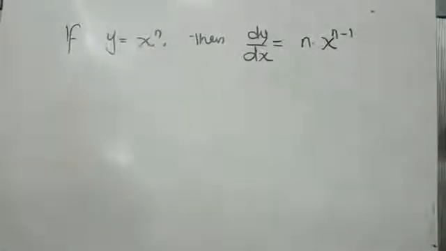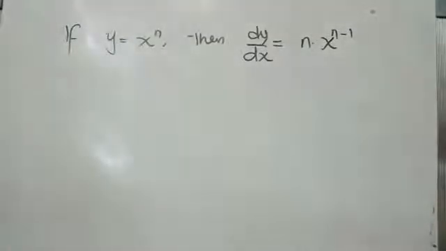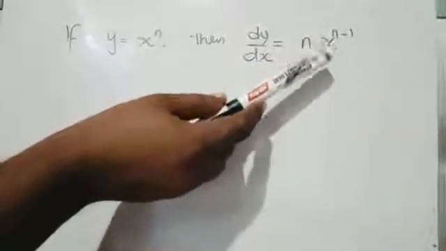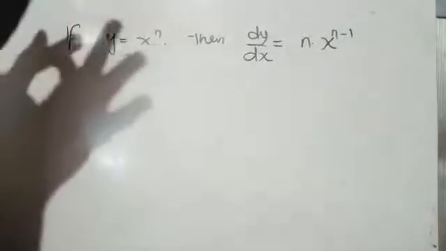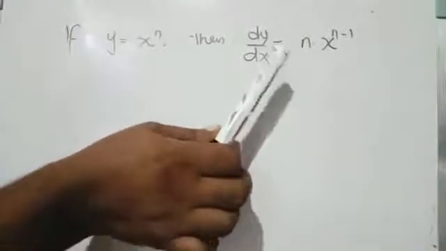In differentiation, you have learned the important concept that if y is equal to x raised to n, then dy by dx is equal to n into x raised to n minus 1. Yes, our total differentiation was based on this in AS level.